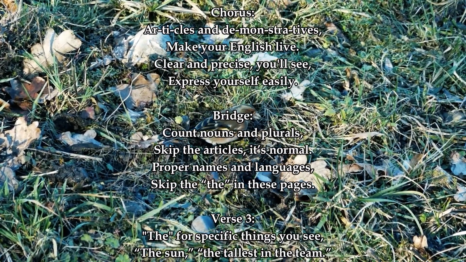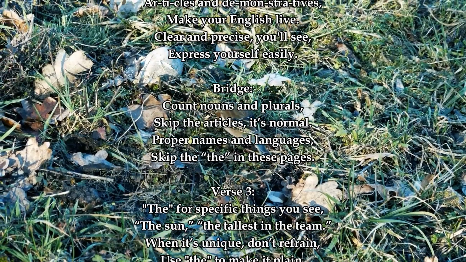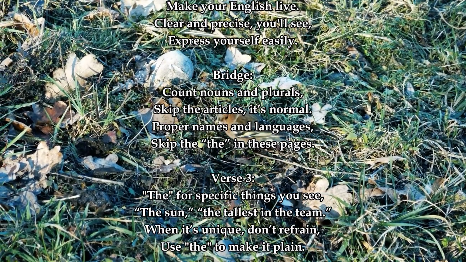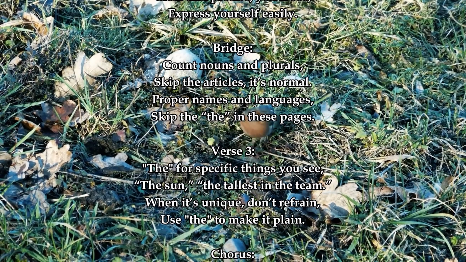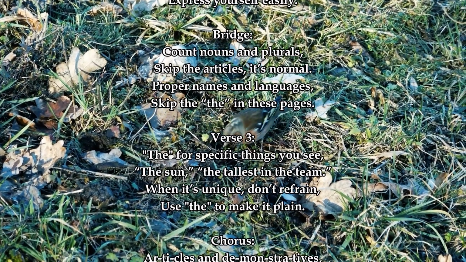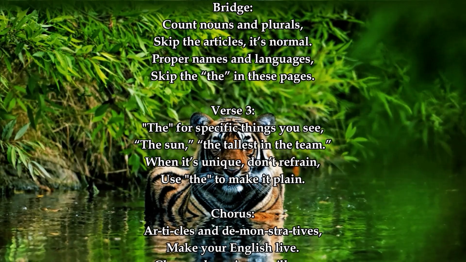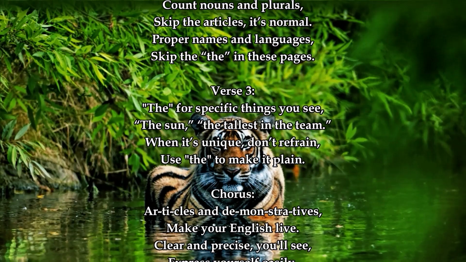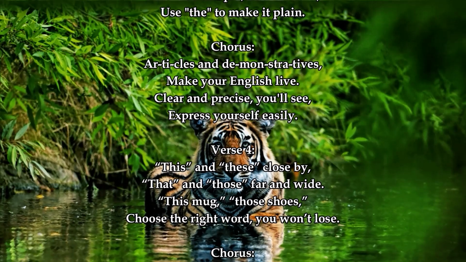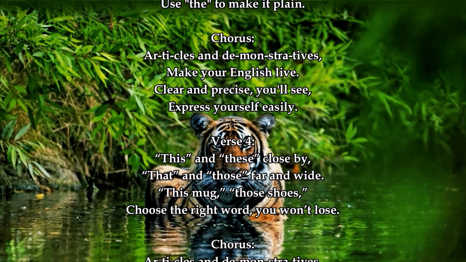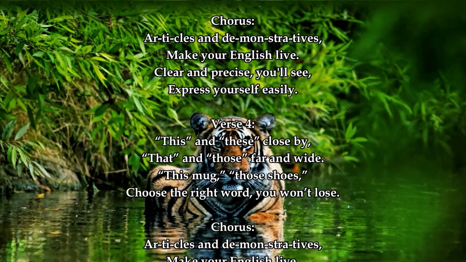Count nouns and plurals. Skip the articles, it's normal. Proper names and languages. Skip the articles in these pages. Look for specific things you see. The tallest in the team. When it's unique, don't refrain. Use the to make it plain. This and these close by. That and those far and wide.